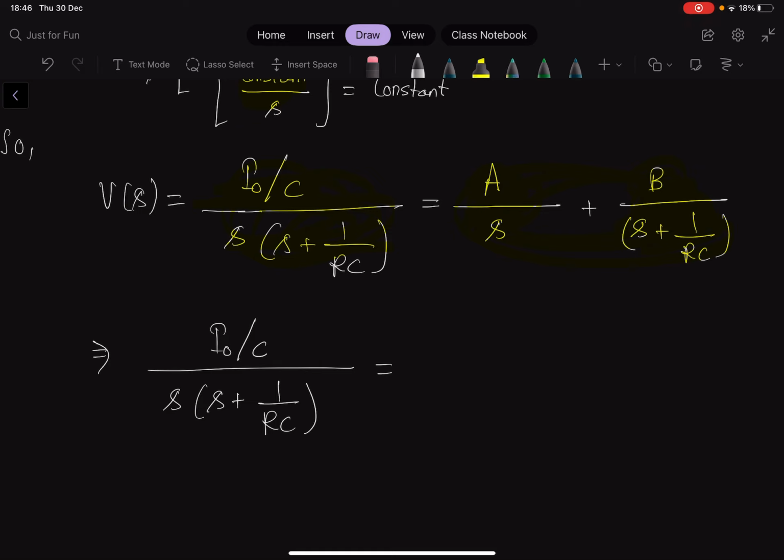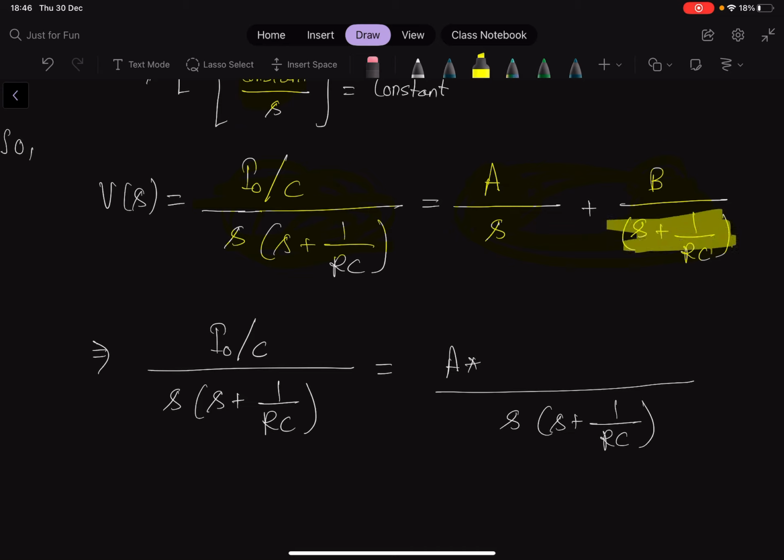To simplify, we know the LCM will be s times s plus 1 over RC, and A should multiply with s plus 1 over RC. Similarly, B must multiply with s.